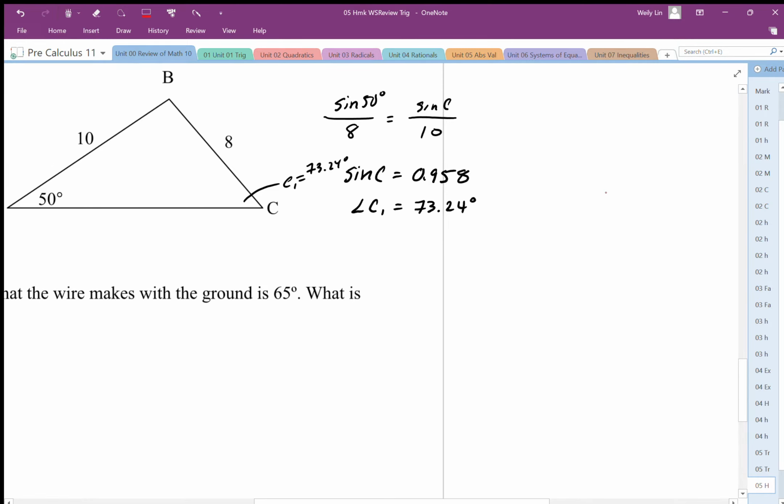Now, we have to bear in mind that there is an alternative triangle that can be drawn, and we'll solve this later, but that angle is going to be C2, and that's going to be this one right here. We'll call that one C2. And to find C2, these two angles are related in that they are supplementary to each other. So to find angle C2, we're going to take 180 degrees, and we're going to subtract the 73.24 degrees. Sorry, this should be 25.